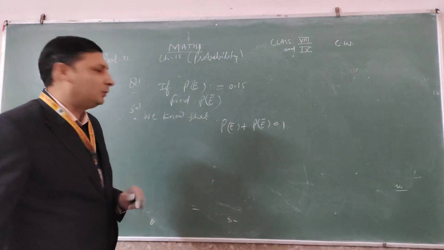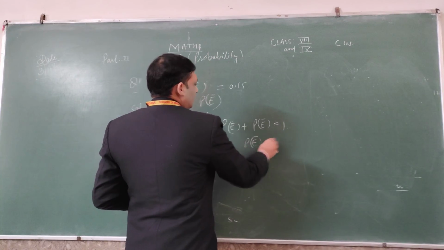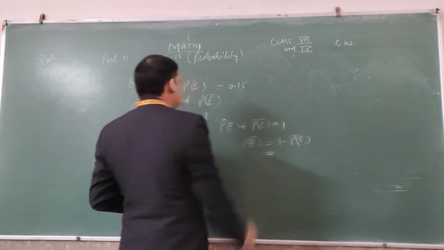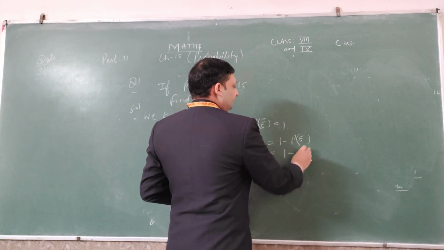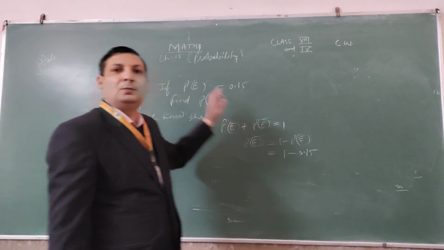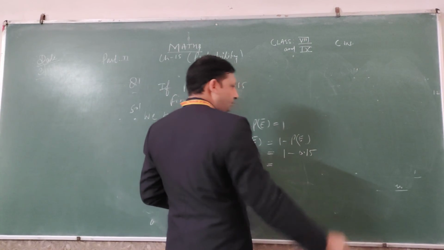Here we have to find probability of not event, equal to 1 minus P(E). That is 1 minus 0.15, because probability of event is 0.15. Now we will subtract like this.